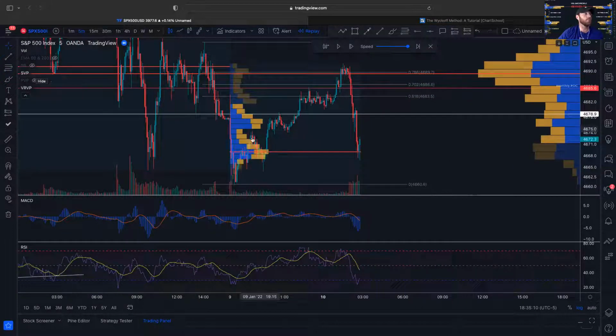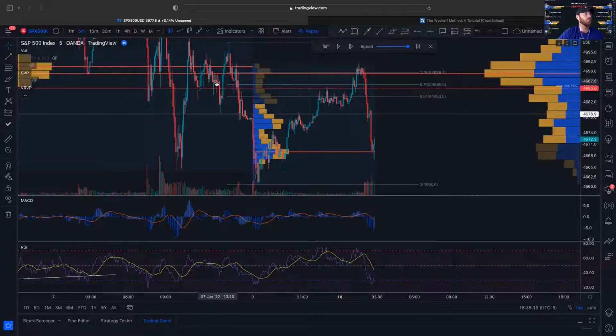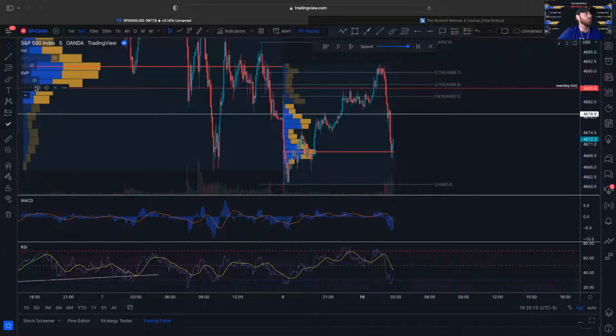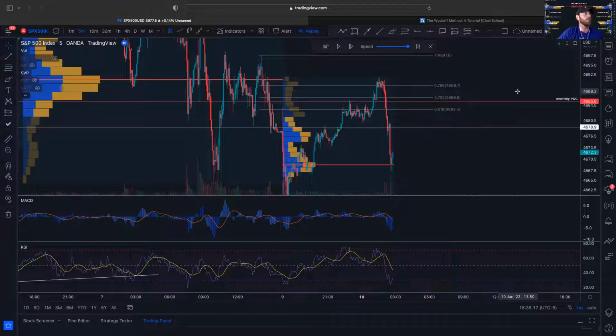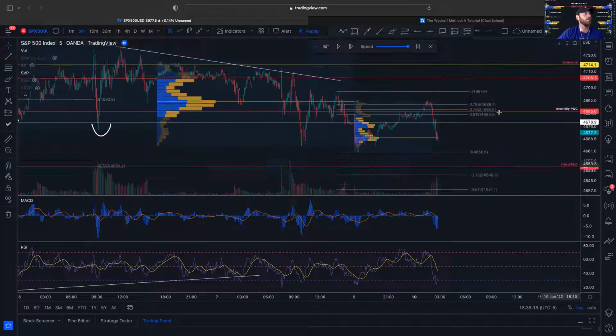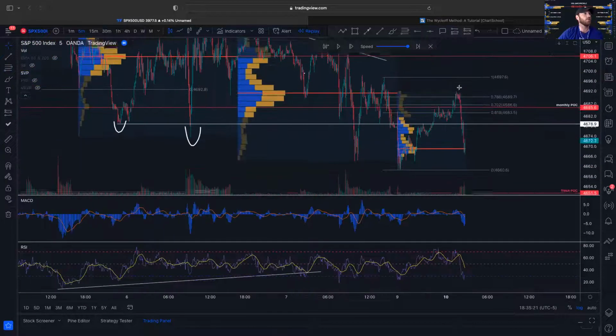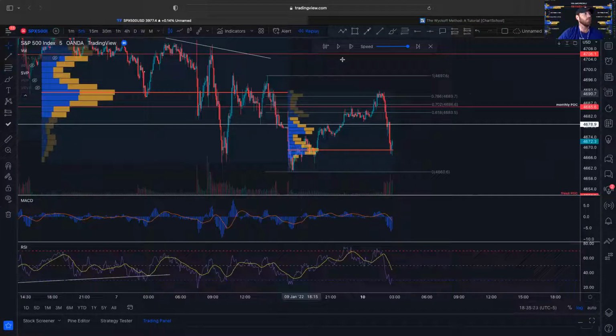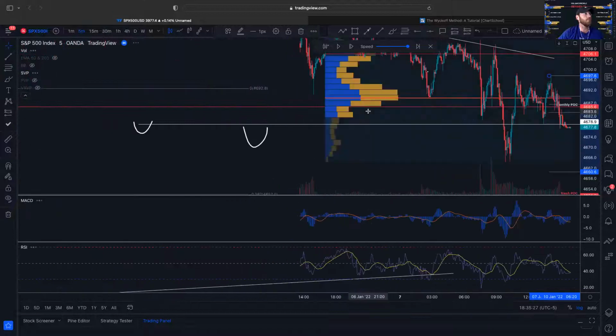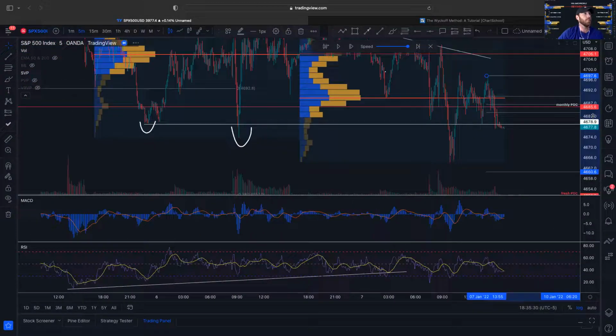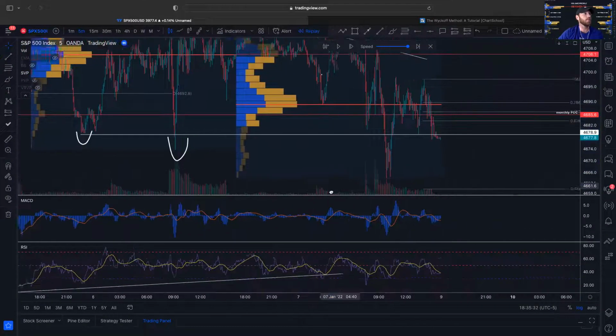Daily POC, we're at it now. So we're at, oh, I didn't even note this, but this was yesterday's point of control as well. So yesterday closed like this, or in this thing.